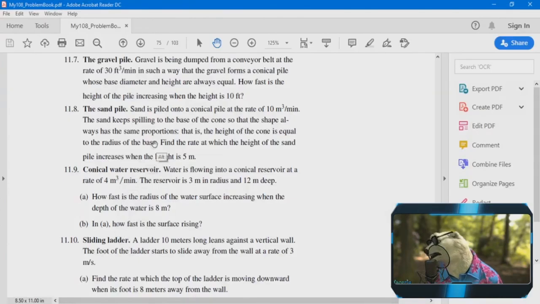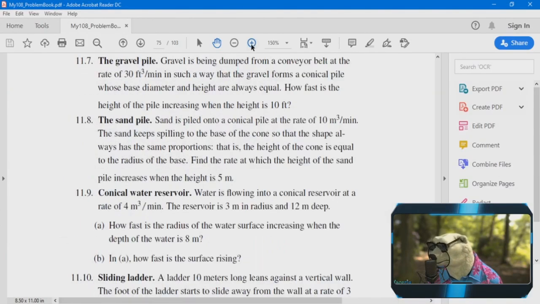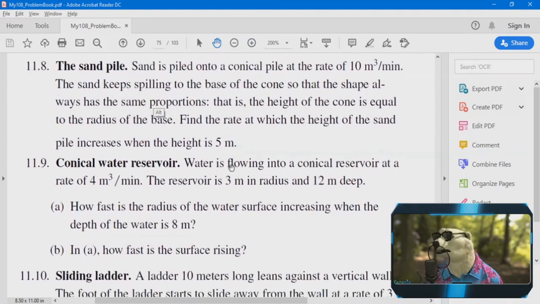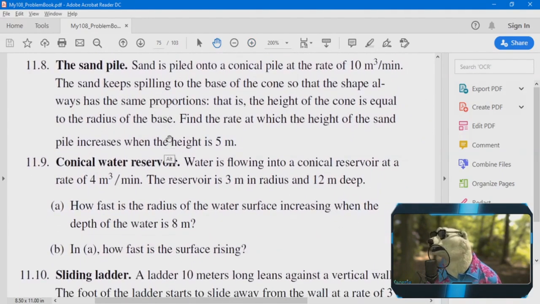The first one, I'll zoom in here. I want to look at number 8. It's a typical one. Sand is piled onto a conical pile at the rate of 10 cubic meters per minute.